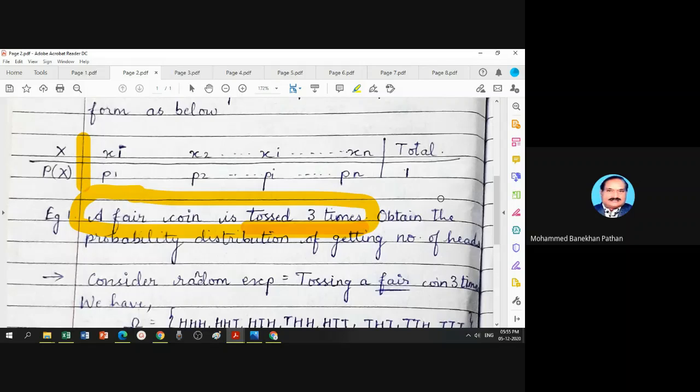By using a random variable, we go for a discrete random variable. If the random variable takes finite or countably infinite values, then the corresponding random variable is known as a discrete random variable.